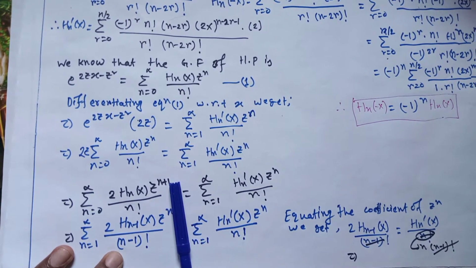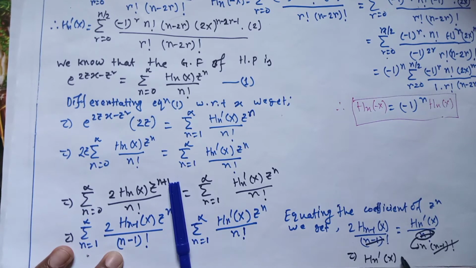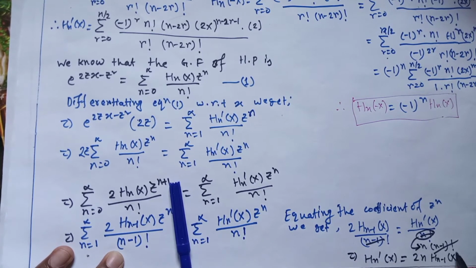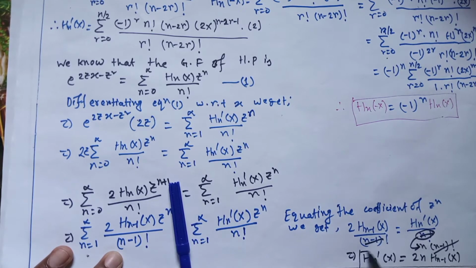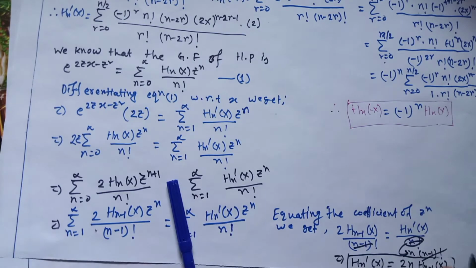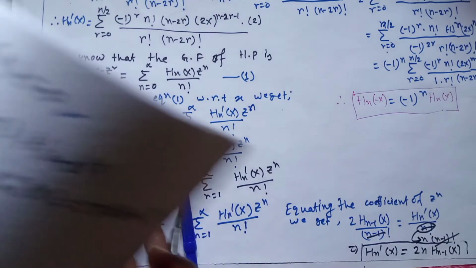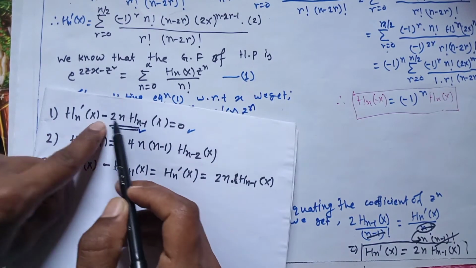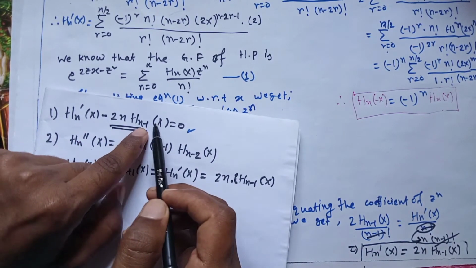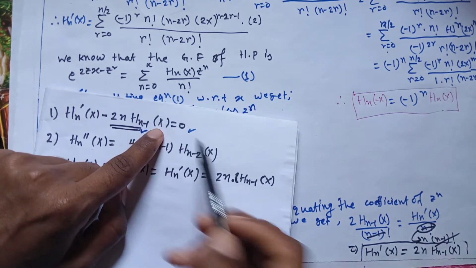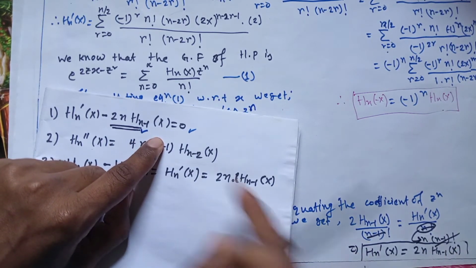Then we can take Sn dash of x is equal to 2n Sn minus 1 of x. This is the first recurrence relation. We see that Sn dash of x minus 2n Sn minus 1 of x is equal to 0.